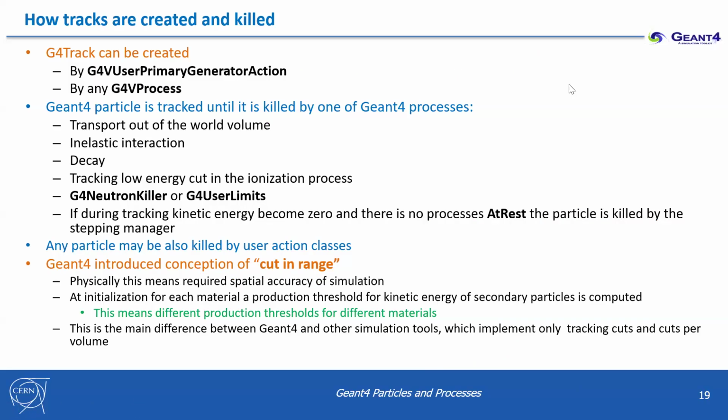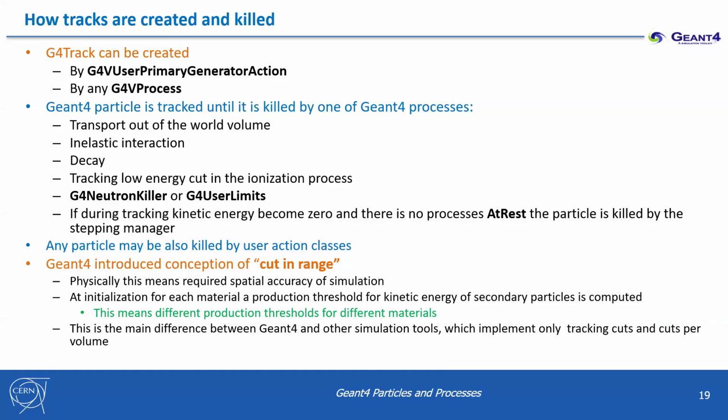When a track may be created, there are two possibilities. A track may be created by the primary generator action.